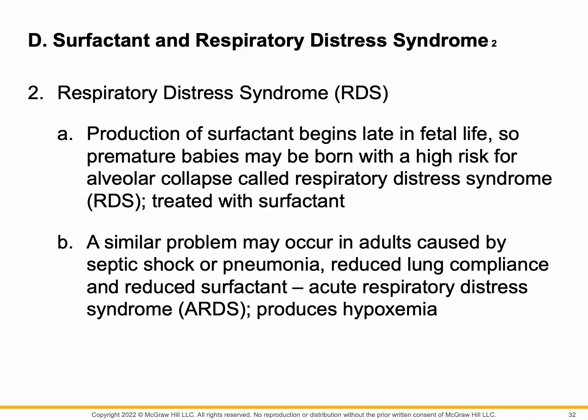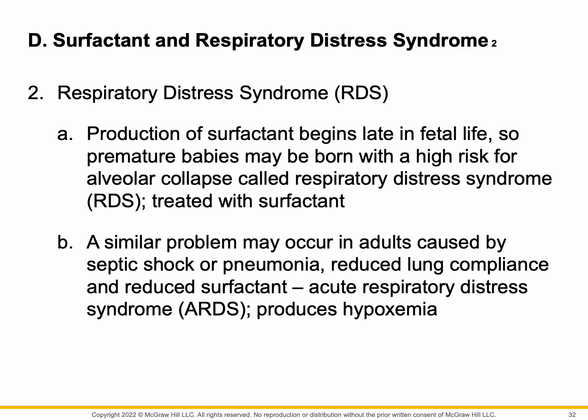Respiratory distress syndrome is a condition involving serious breathing difficulties. It most commonly affects newborns, especially those born prematurely, because their lungs are not fully developed and they lack enough surfactant, the substance needed to keep the air sacs in the lungs open.